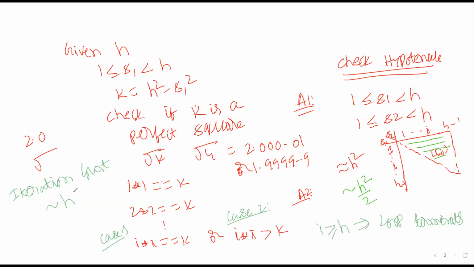Oh, okay. We try for different values of S1. I see. Okay. Good. So we are trying for different values of S1. And for every S1, the count, we are still trying out H times. So it is still, yeah. I thought we improved it, but it's not the case. Good, good.